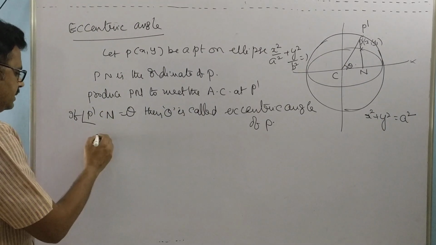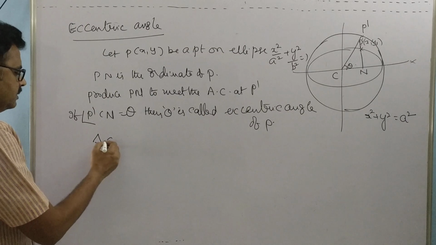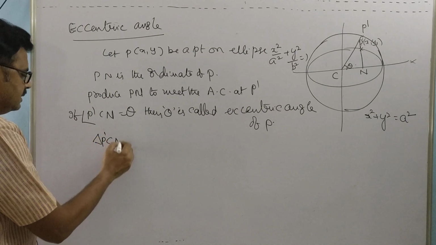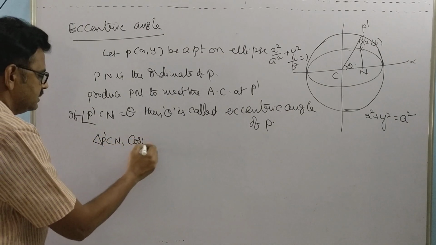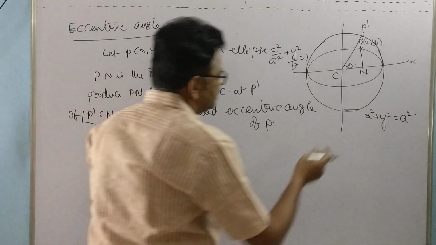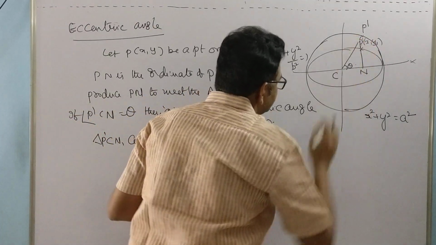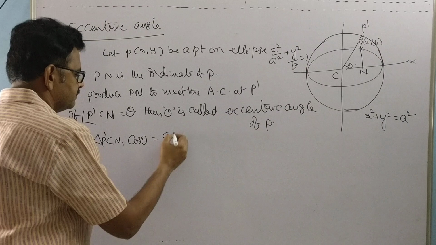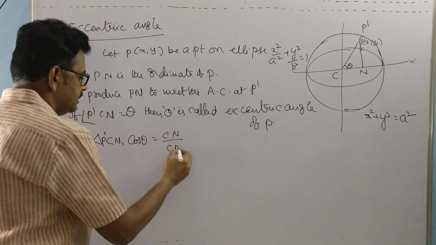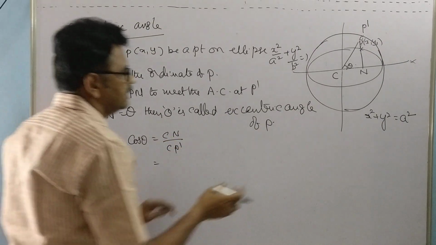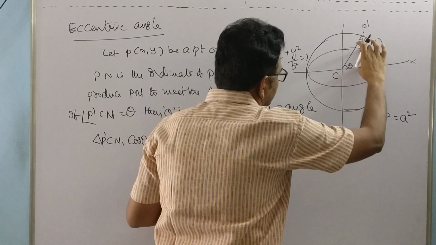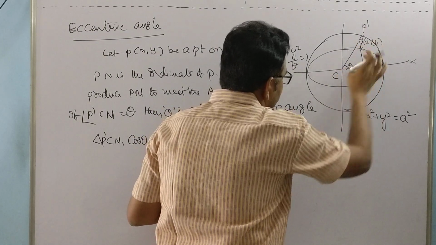Now from the triangle P dash CN, cos theta is equal to CN by CP dash. CN means what? P(x, y), this is x and this is y. So this is x.